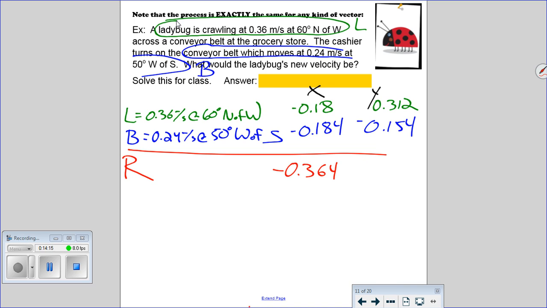It's like walking the wrong way on one of those moving conveyor belts at the mall or the airport. Know what I mean? So who's going to win? Well, the positive number is bigger, so he's going to go north, but just not as fast as he would have otherwise, right? So if you figure this out, it gives you 0.158. So this is my x component of my resultant. This is my y component of my resultant.